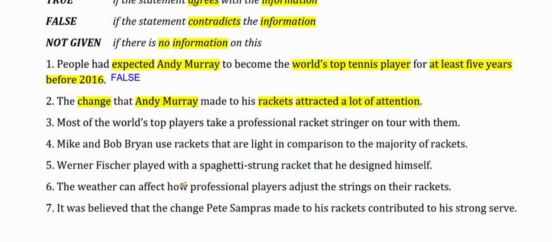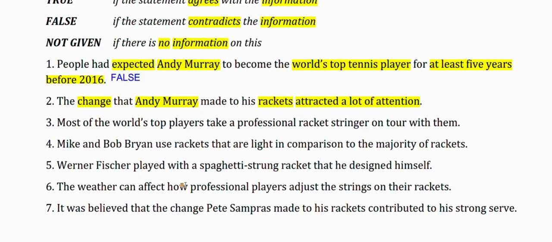But if it didn't attract any attention, or if it didn't attract a lot, in other words, if it attracted little attention, then the answer will be false. It will be not given if there is no mention of any change to his racket, then we will say we don't know if he changed his racket or not.